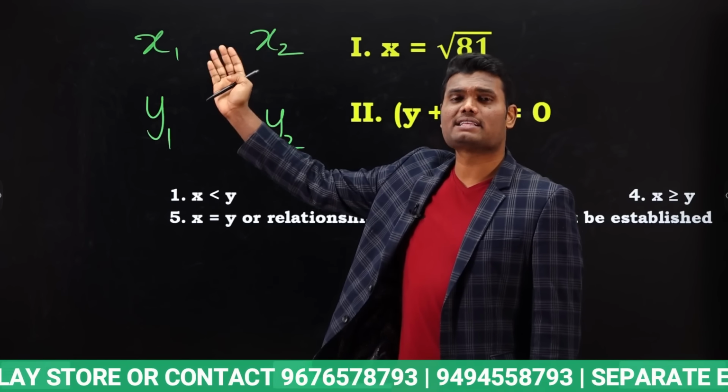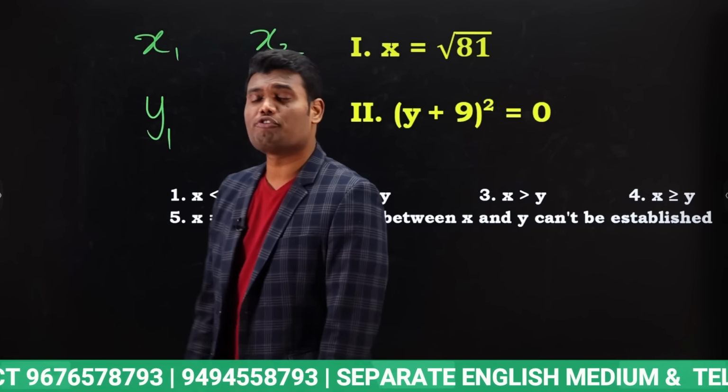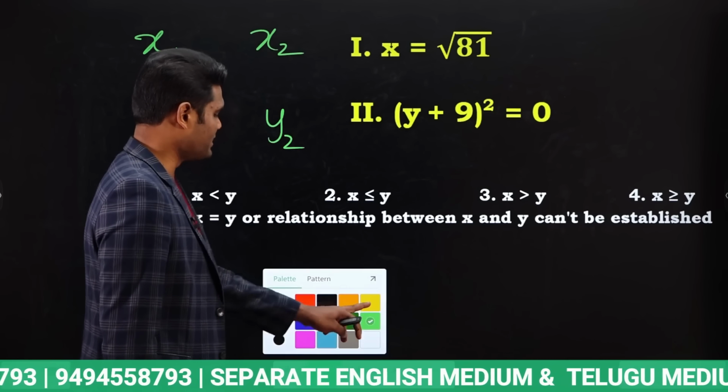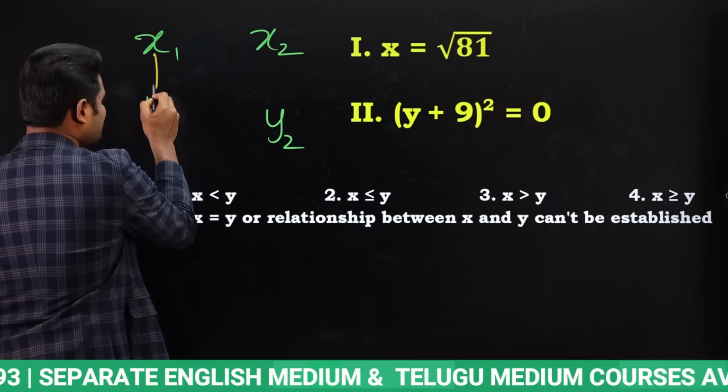Now you will have a total of 4 comparisons here. One is x1, y1, one is x1, y2, another one is x2, y2, another one is x2, y1. Total we will have 4 comparisons here.